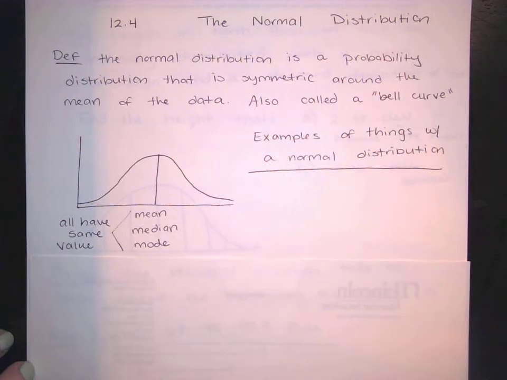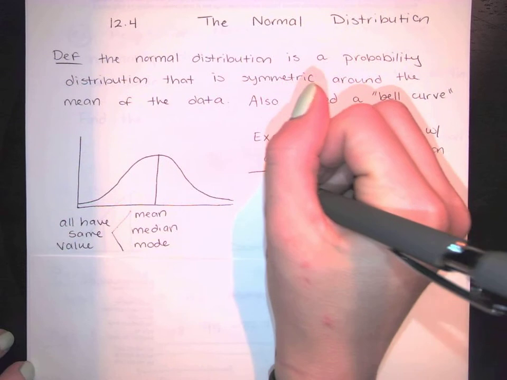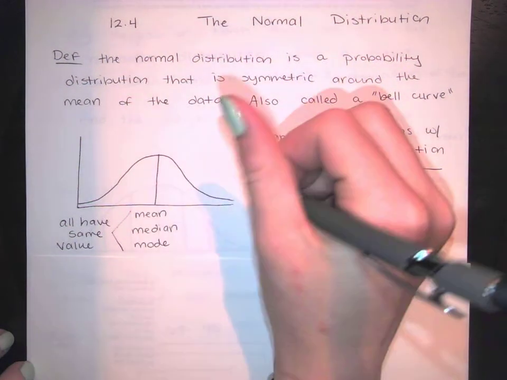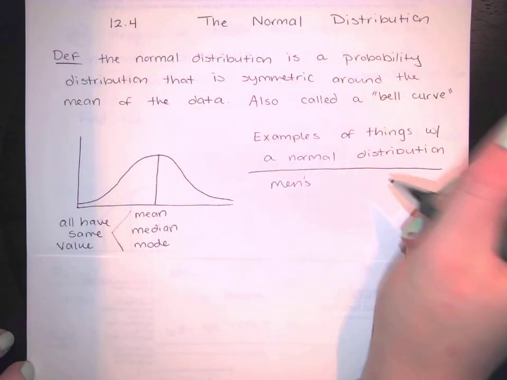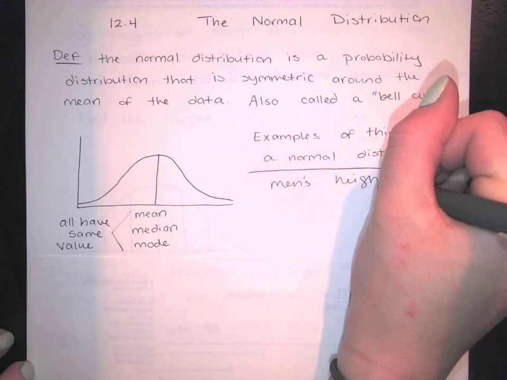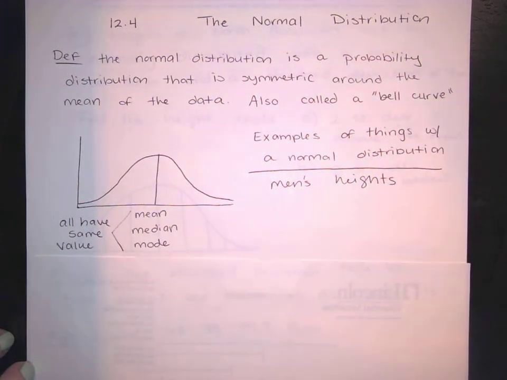Some examples of things that have a normal distribution. Men's heights, for example. Or women's heights, but heights. If you think about all the men in the United States, their heights have a normal distribution.